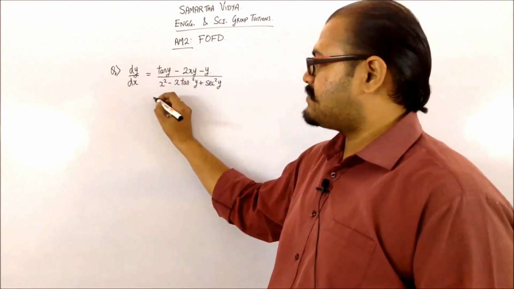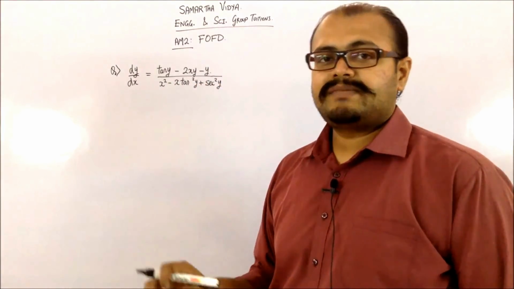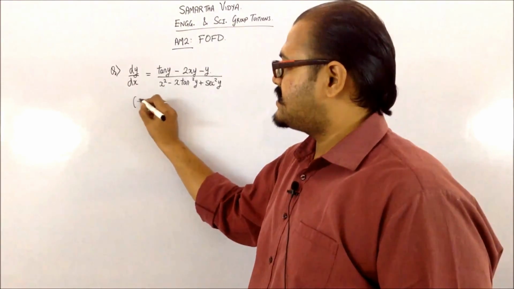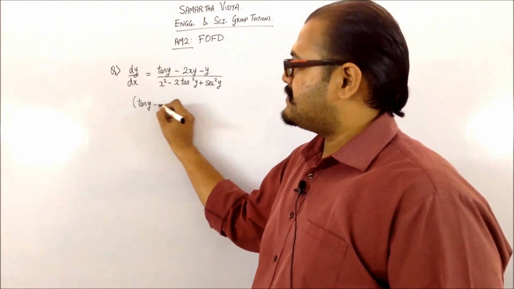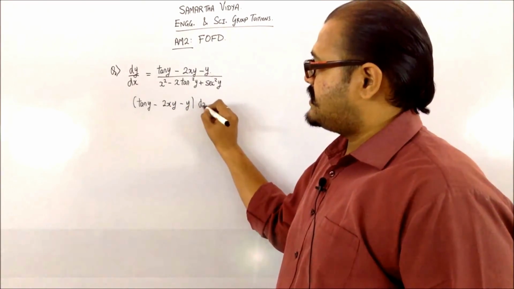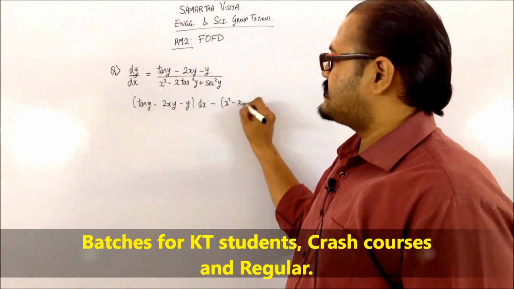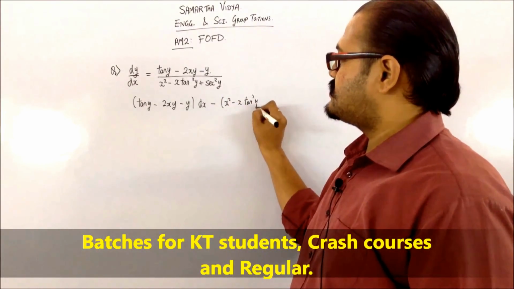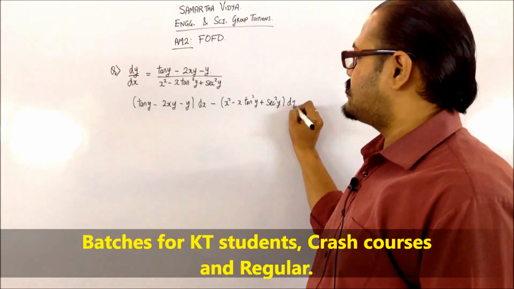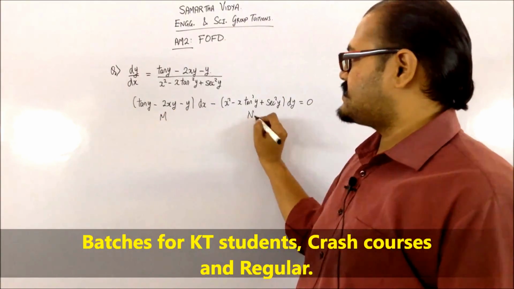After cross multiplying and rearranging in terms of m dx plus n dy, you will get the term which I'm going to write directly: tan y minus 2xy minus y, dx, minus of x square minus x tan square y plus sec square y, dy, is equal to 0. So we have this as m and this as n.